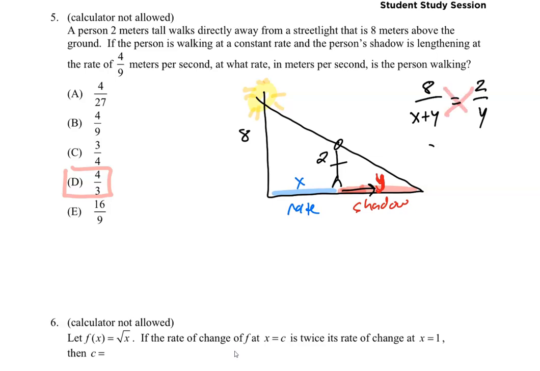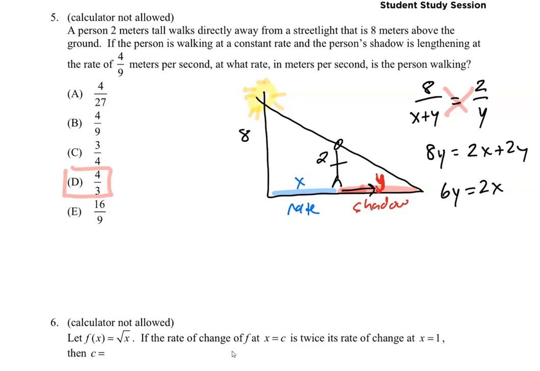And so I basically get 8Y equals 2X plus 2Y when I distribute. And I can subtract the 2Y over, so I get 6Y equals 2X. Now take the derivative of that with respect to time, and then we can figure it out. I did not like it, but it's basically just with a person and a shadow and stuff, you just have to do similar triangles.